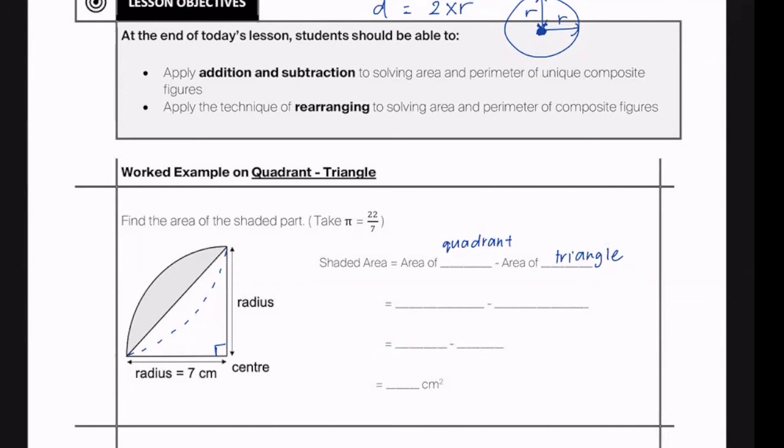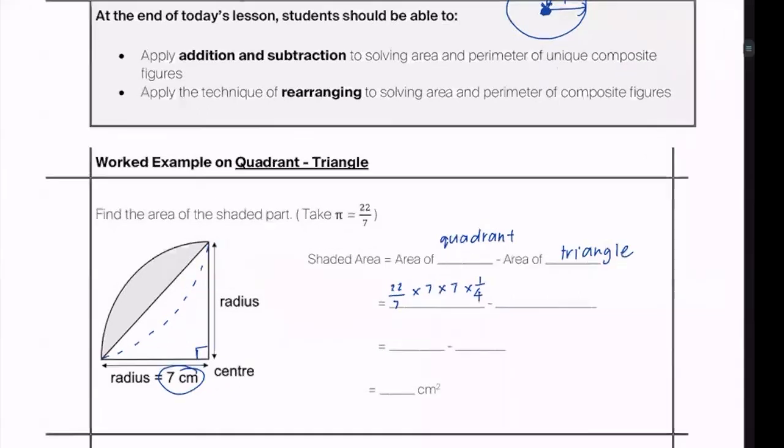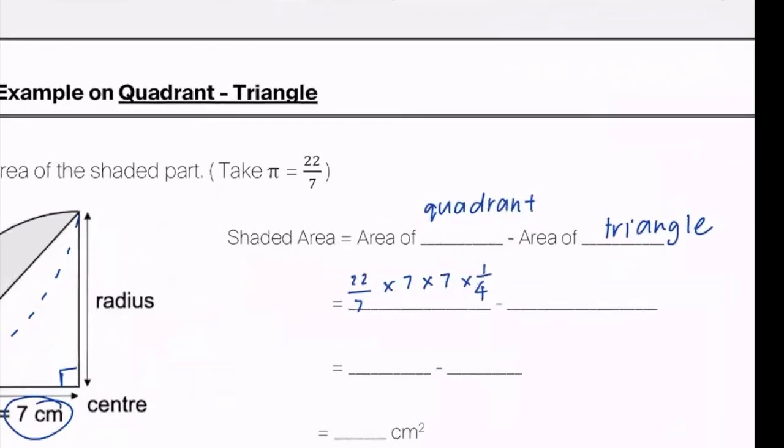So how will you find the area of a quadrant? Just apply the formula, and of course you need to know that the radius here is 7 centimeters. So it will be pi times radius times radius. A quadrant is what fraction of a circle? A quadrant is 1/4. I use 22 over 7 because the question states so.